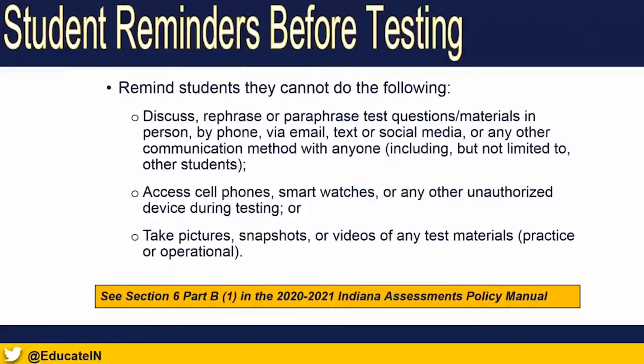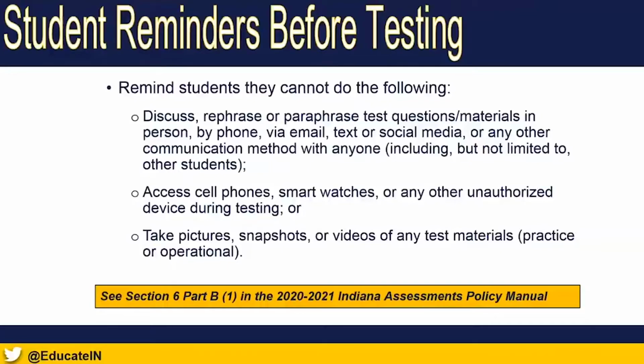Before testing, TAs need to communicate test security protocols with students in order to prevent potential invalidations due to violations. A few of these communication topics are listed on this slide. For example, students should be reminded that they cannot do the following: discuss, rephrase, or paraphrase test questions or materials in person, by phone, via email, texting, or social media, or any other communication with anyone, including but not limited to other students.